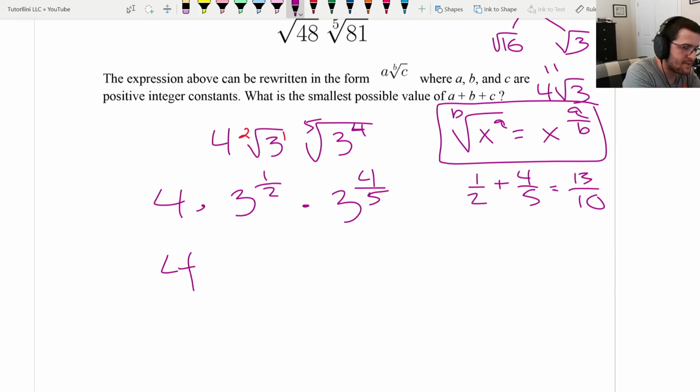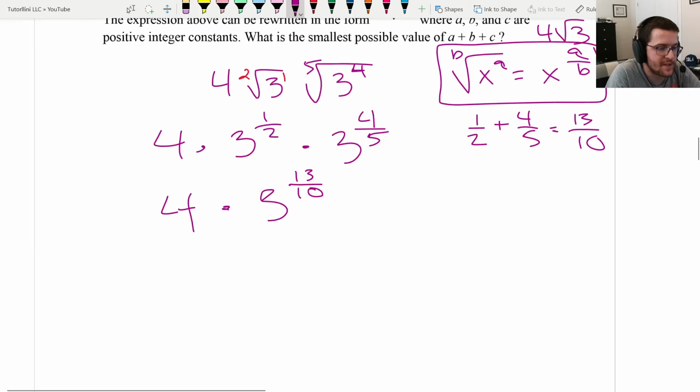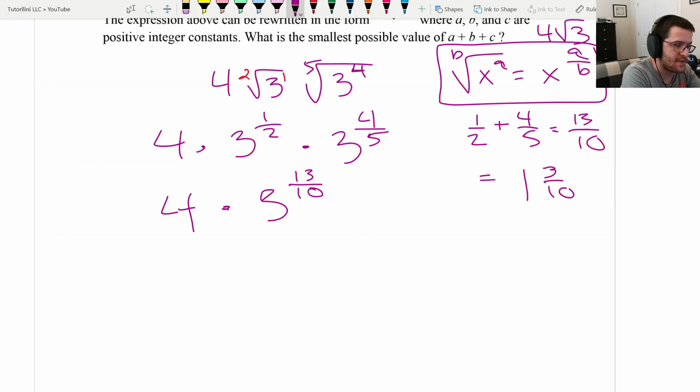So I'm going to rewrite this as 4 times 3 to the 13 over 10. Now what I like to do is write this as a mixed number. 13/10 is 10 goes in one time, and then there are 3 left over. So it's 1 3/10.